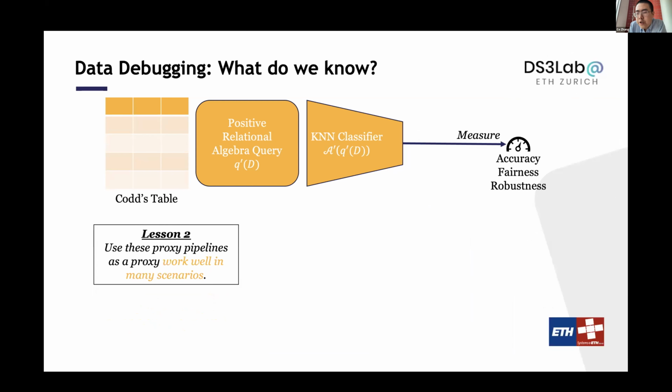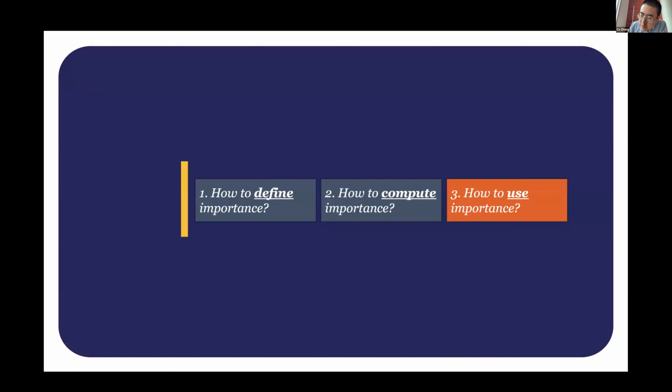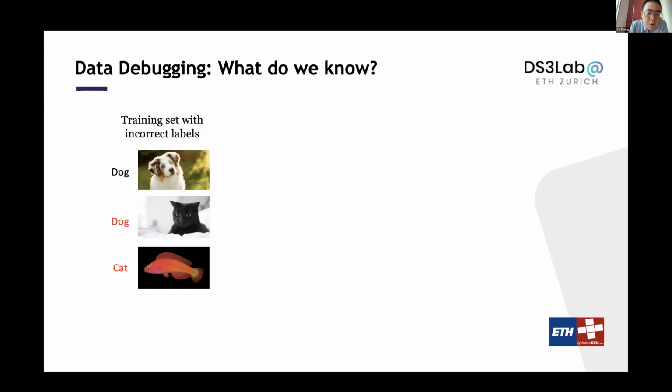And the second lesson, which actually surprised us in the beginning, is that it actually works. If you look at the quantities computed on this proxy pipeline and use them to debug the original pipeline, they actually work. So how can we use this? Here is one example. Assume you have a training set with incorrect labels, right? Some of the images which are cats labeled as dogs, for example.